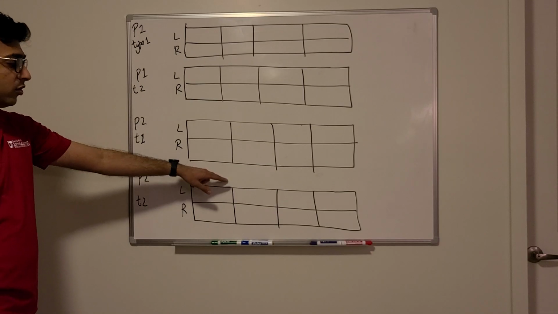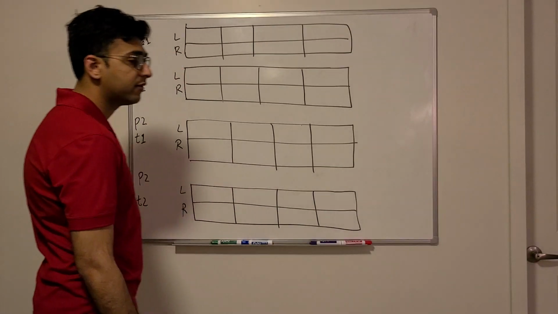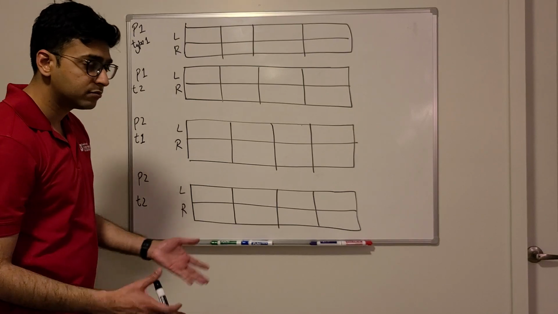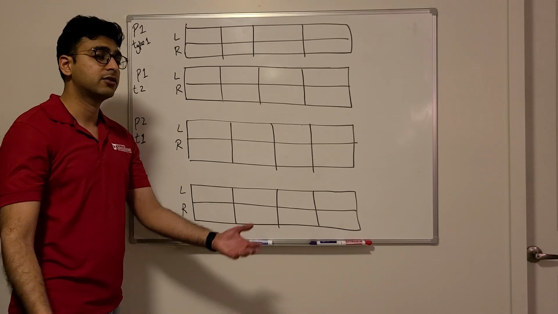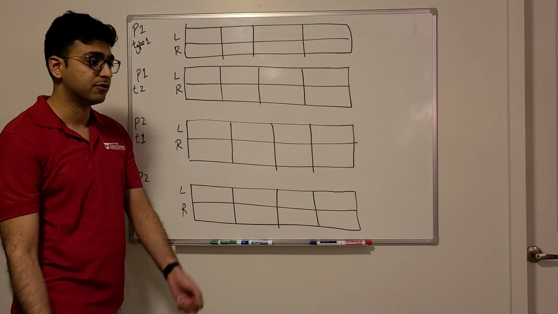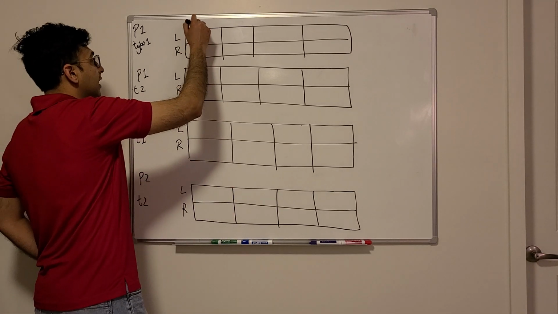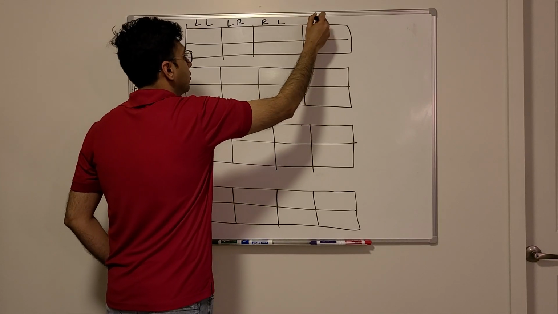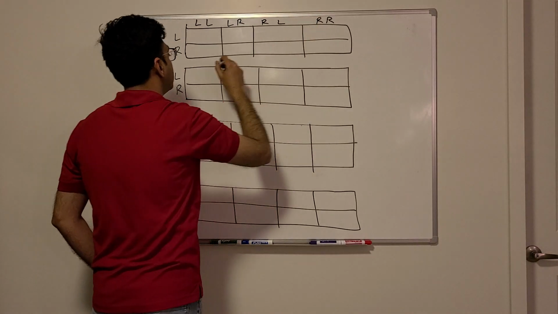And what's going to populate the columns is the strategy that's chosen by player 2, or the actions rather chosen by both types of player 2. So you can have LL, LR, RL, or RR.